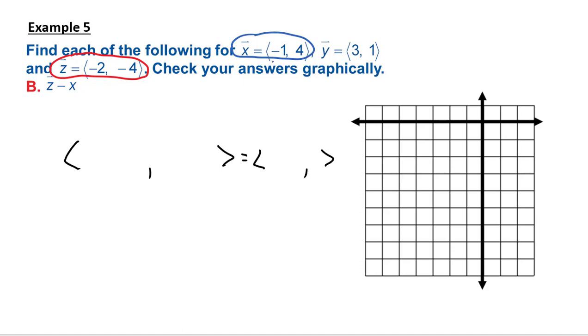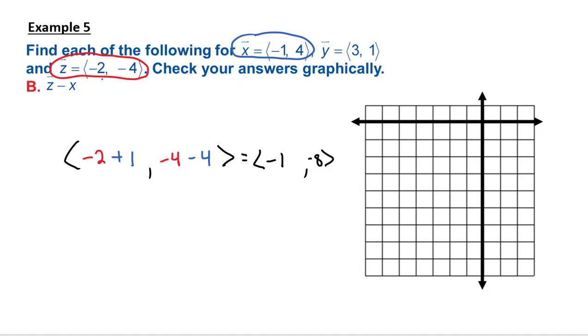So you take z, -2 minus a -1, -4 minus 4. So now my resultant is -1, -8. So x is -1, +4. Oh, well, my grid doesn't make sense.